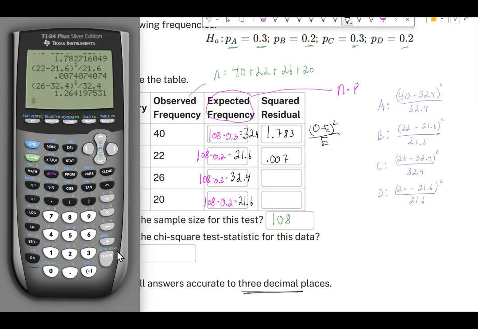We'll get 1.264. And then lastly, we will do 20 minus 21.6, squared, divided by 21.6. We'll get 0.119.